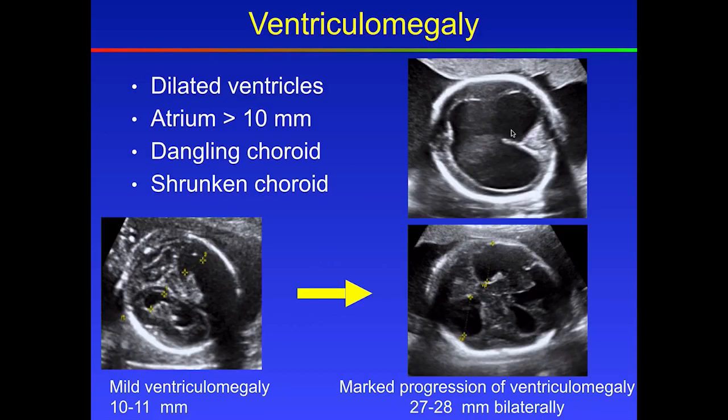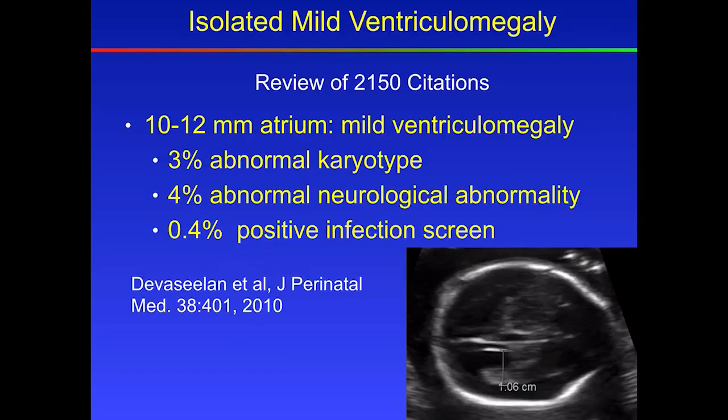And when she came back, she'd had marked progression of her ventriculomegaly with dilated atrium, dilated frontal horns, and this was up to 28 millimeters. Now, if you look at a very large meta-analysis of 2,100 citations, 3% ended up with an abnormal karyotype, 4% an abnormal neurological abnormality, and 0.4% had an infection like CMV.